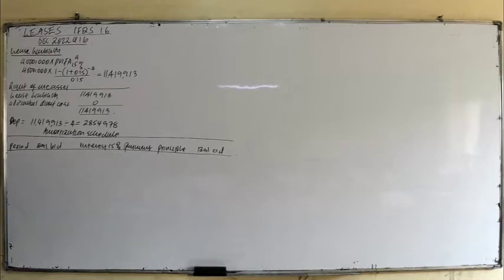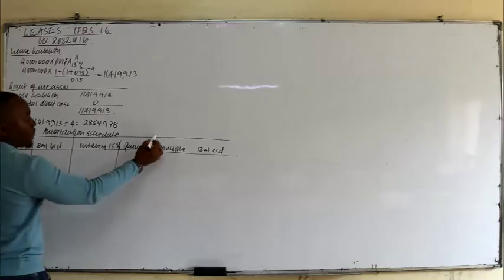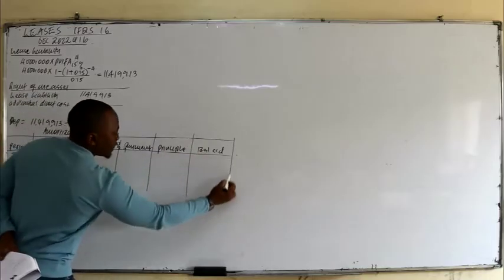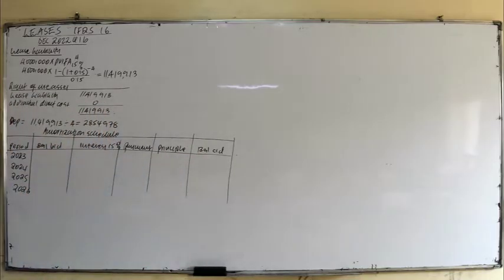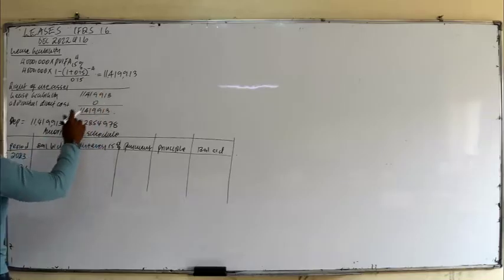So if the financial year starts on 1st of July 2022, that financial year will end in 2023, then 2024, 2025, 2026. How much is the balance brought down? And we are amortizing the liability, not the asset.